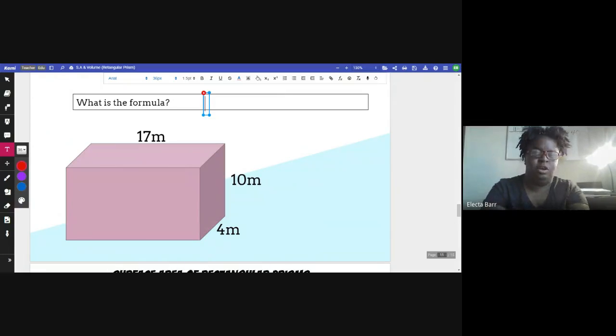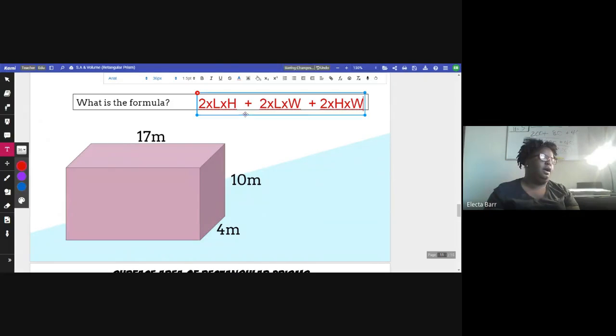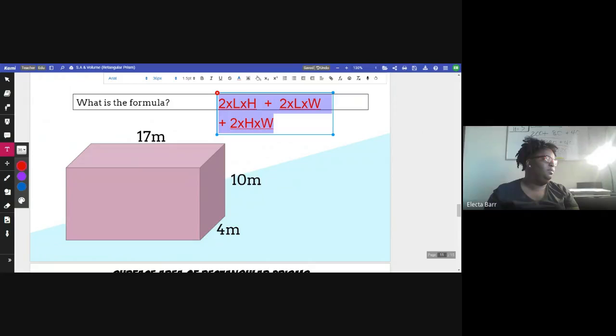So it's 2 times L times H, and I'm actually going to make this caps, plus 2 times L times W, and then plus 2 times H times W. All right, so this is our formula here.